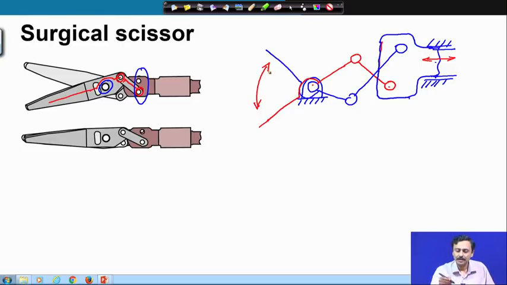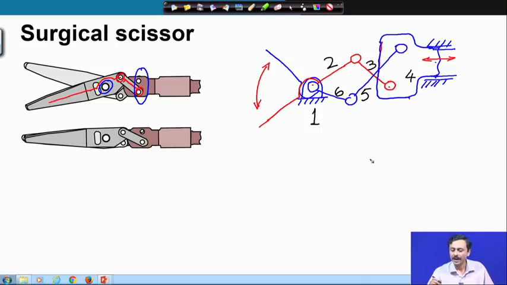So, let us count. Ground is 1, this blade is 2, this coupling link is 3, this slider is 4, this coupling link is 5 and the other blade is 6.